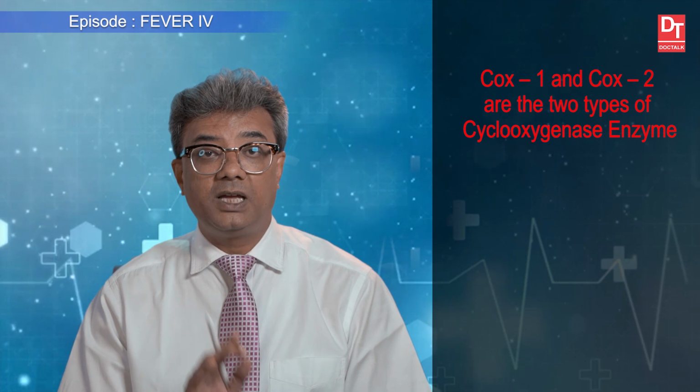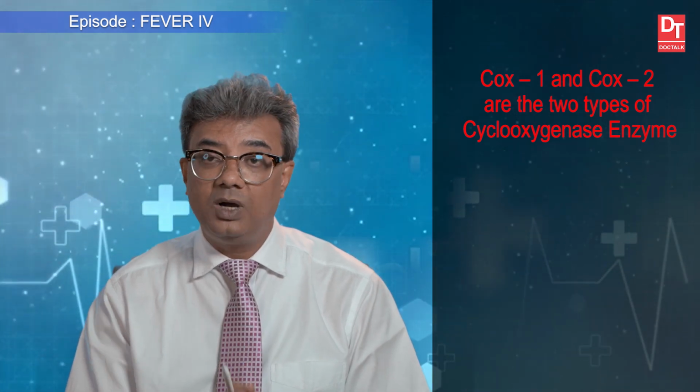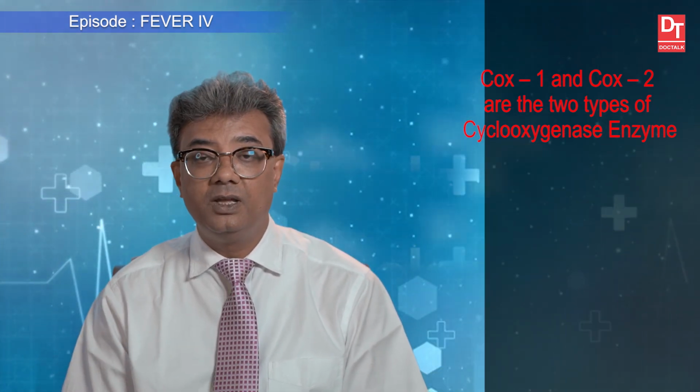For the cyclooxygenase enzyme, there are usually two types, COX1 and COX2, but there is one postulate where COX3 was found, another cyclooxygenase enzyme which is available in the brain.